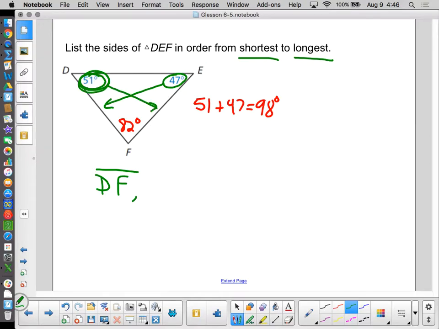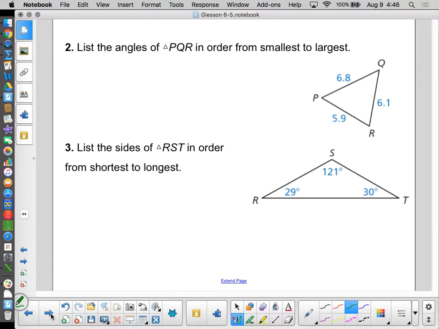So that's EF, the next longest side. And the largest angle is F, so the longest side must be DE. It's really not that difficult. If you just take your time, slow down, pay attention, these are pretty simple problems.